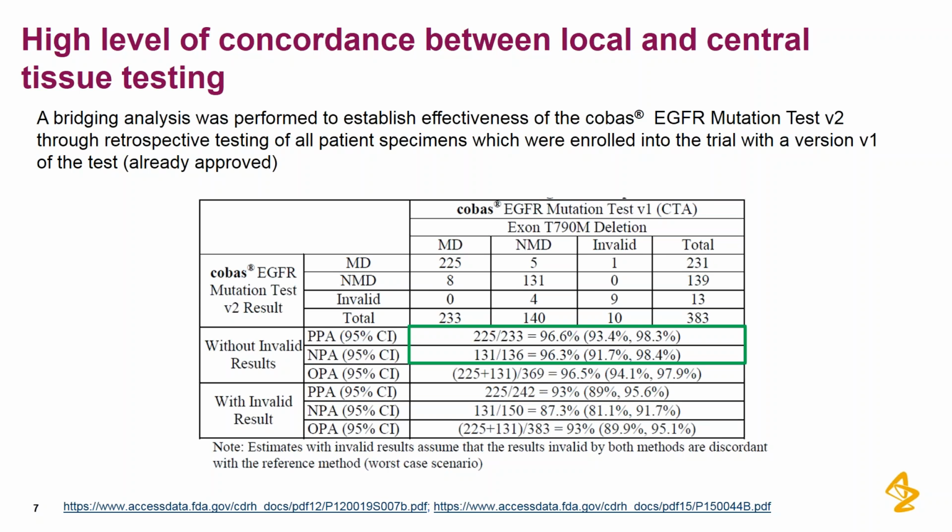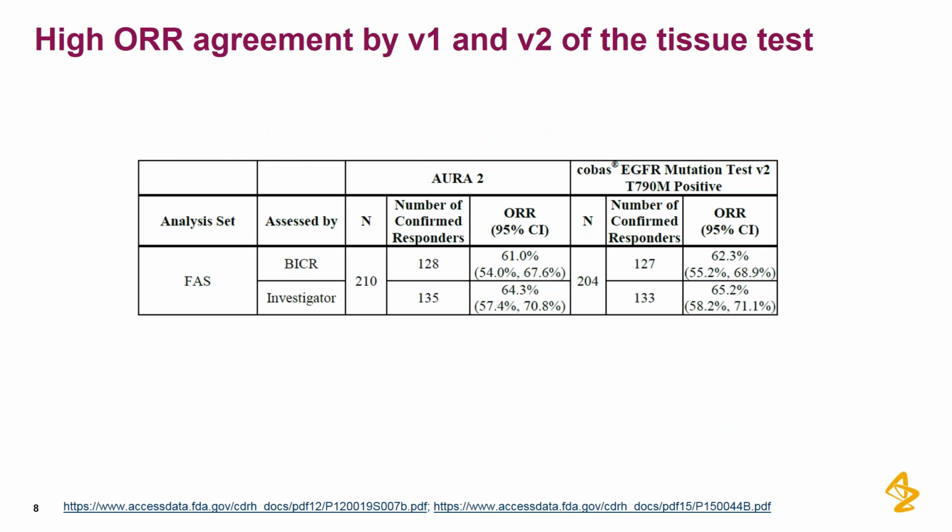Then we moved on to look at what efficacy data we had, and we replicated the primary analysis, the overall response rate, for the patients who were positive for the tissue T79M mutation in version 2 of the test.